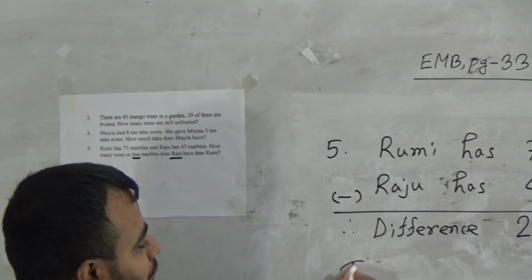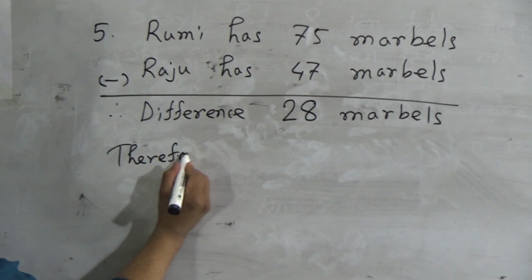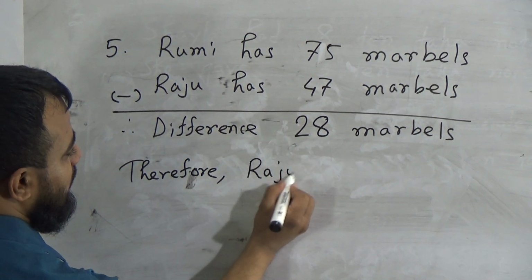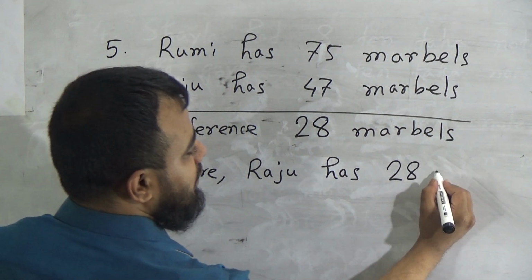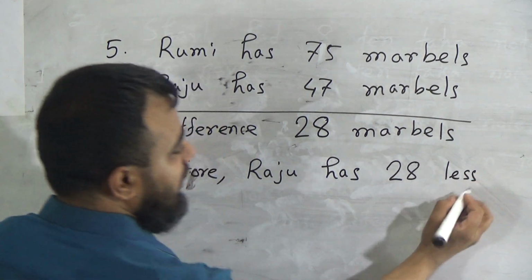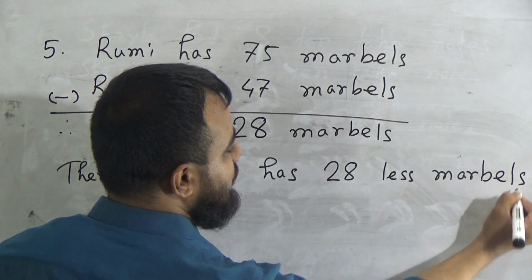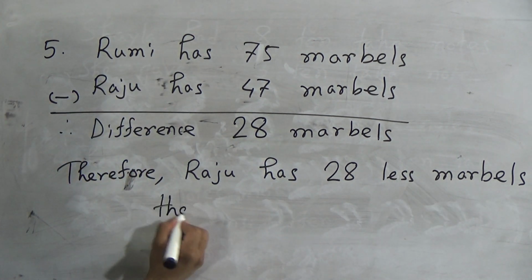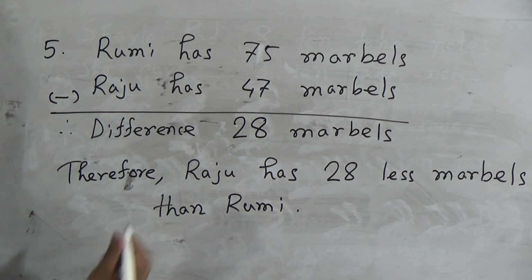So we should write down: therefore Raju has 28 less marbles, because the difference is 28. That is why Raju has 28 less marbles than Rumi, because Rumi has more. Okay, so Raju has 28 less marbles than Rumi.